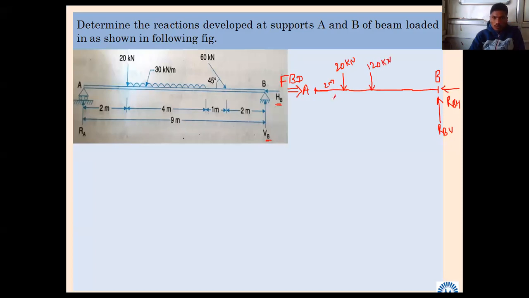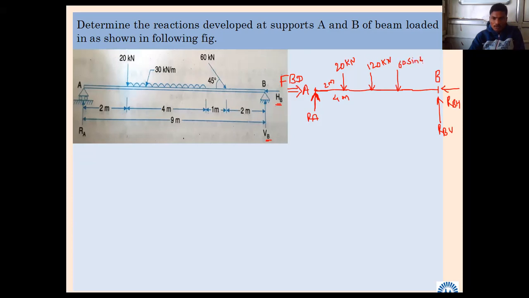And here I will show 4 meter. This one. Okay, next. 60 kilonewton. So what will be its reaction? RA. Here vertical component, what will be that? 60 sine 45.